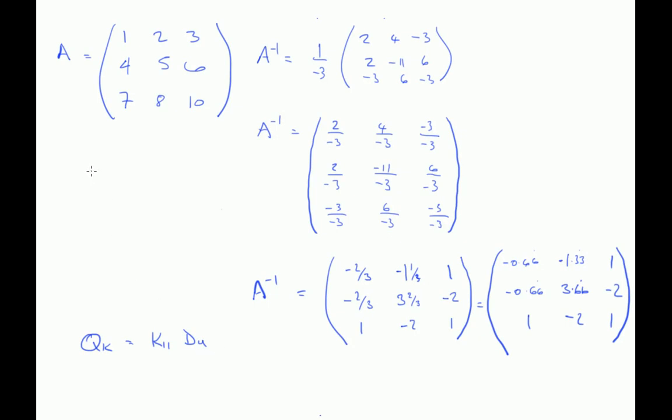Let's say we have a structure that looks something like that with a load Q, and we have a reaction there, so it's fixed, and it's fixed with a roller there, for example. So we've built up a stiffness matrix.